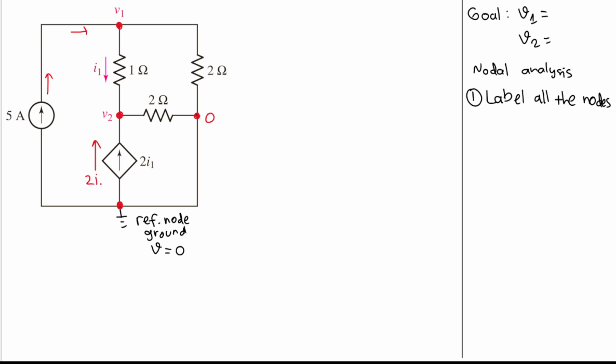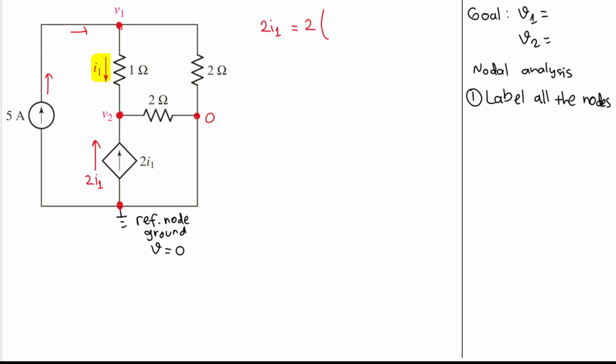But what is 2I1 actually? I1 is given here, right? So we need to find the value of I1. How to find it? We can use Ohm's law. Ohm's law says that the current is equal to the voltage divided by the resistance.